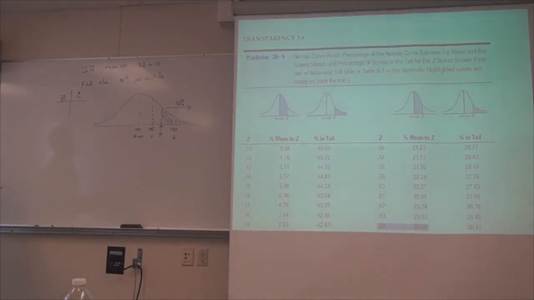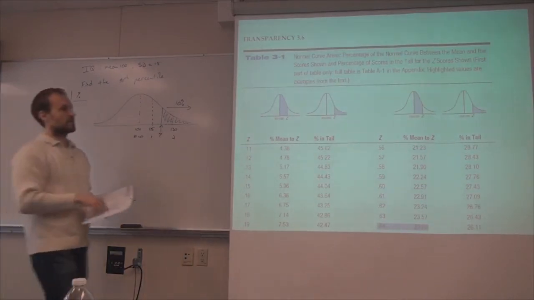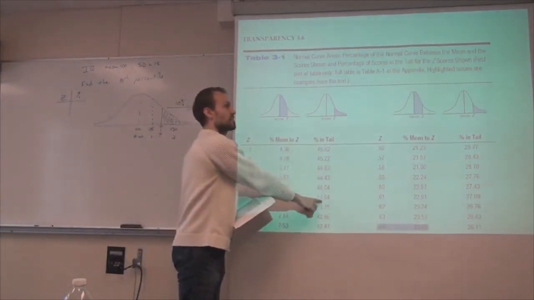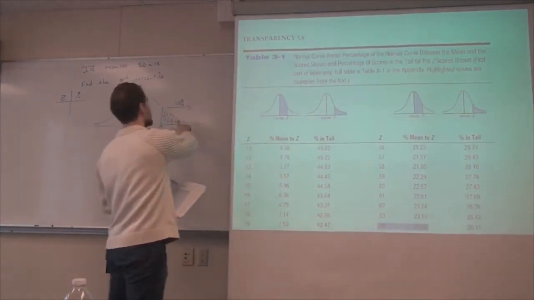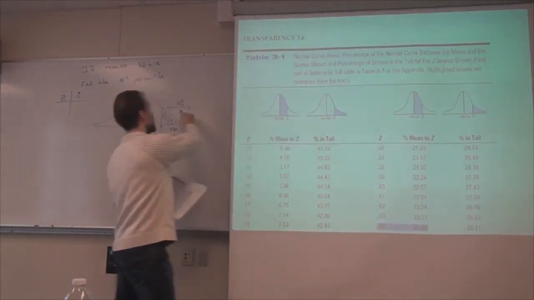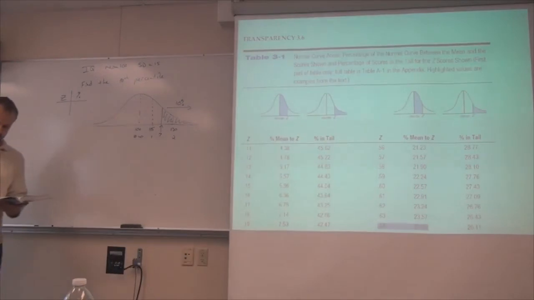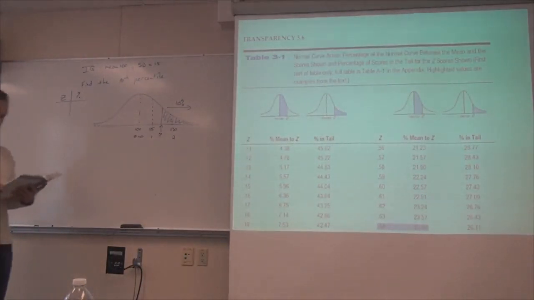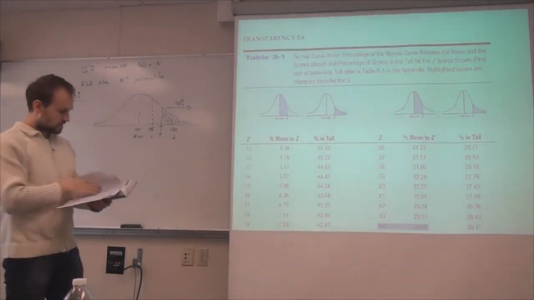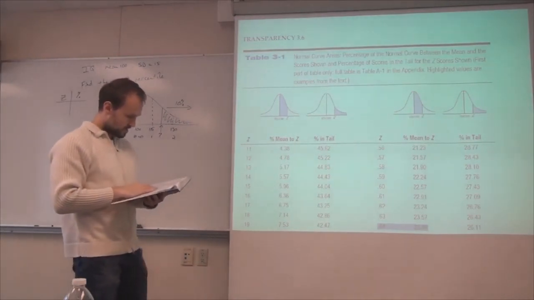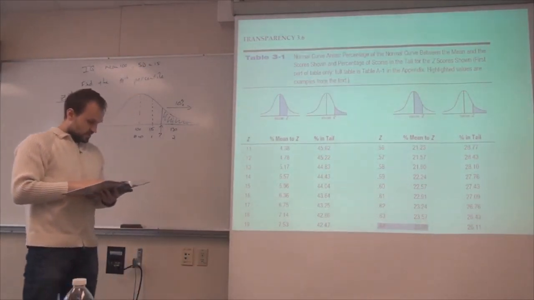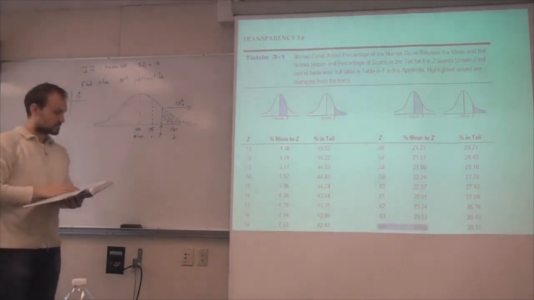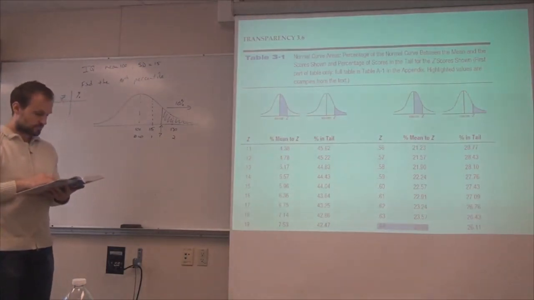What number am I going to hope to see? I'm looking for a 10 here. It matches up exactly to what I have, so that's the easy version. Now I'm looking for the percentage in the tail, 10, now I'm going to have to turn the page. 10, 10, 10, I have it on 674.